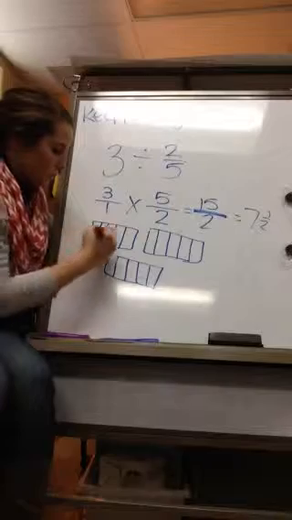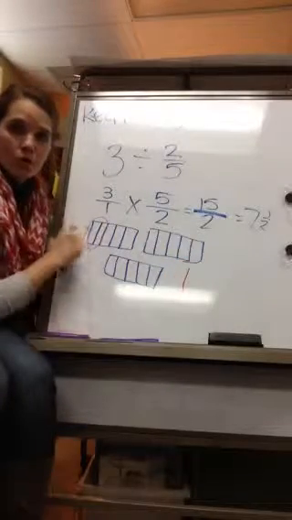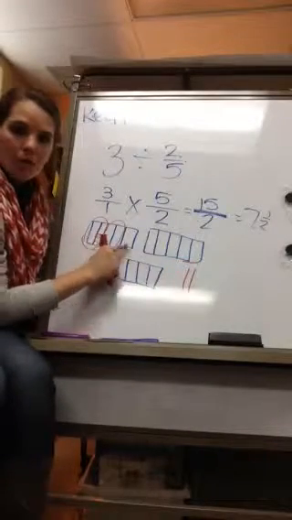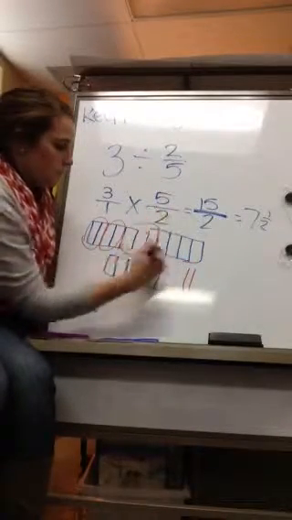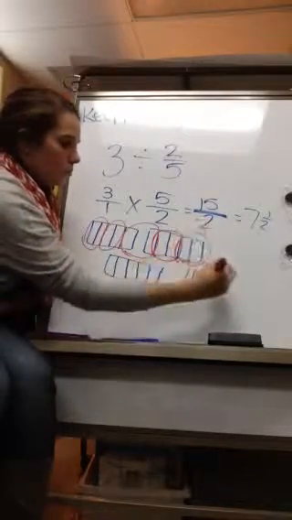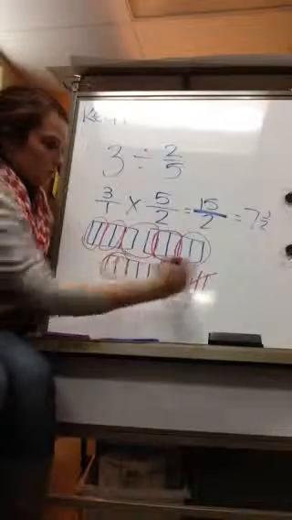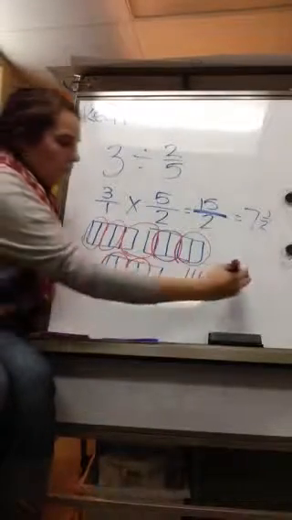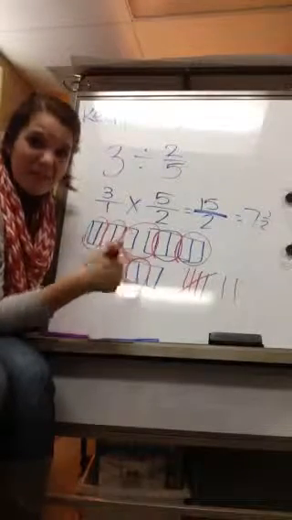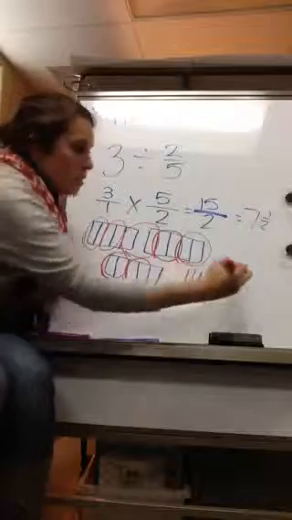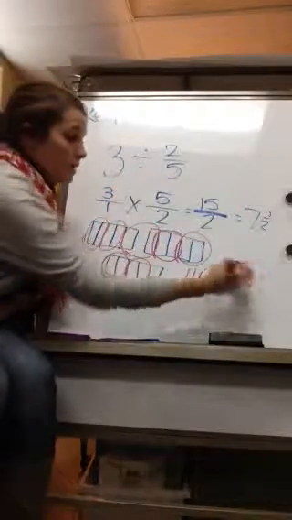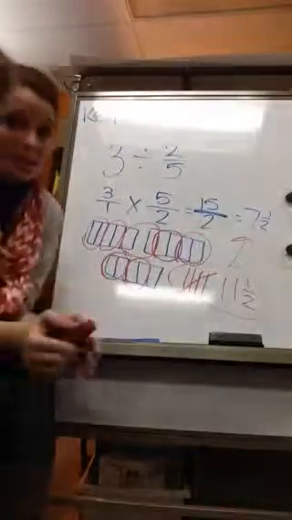So I'm just going to circle them and tally over here. There's a group of 2/5. There's 2 more fifths. Now this one, I'm going to connect with this one to make a group of 2/5. There's a group of 2/5. There's a group of 2/5. Here's 2/5. Here's 2/5. And then I'm left with 1, which is 1/5, half of 2/5. So I'm left with half of a 2/5. So I got 7 1/2, which matches my answer.